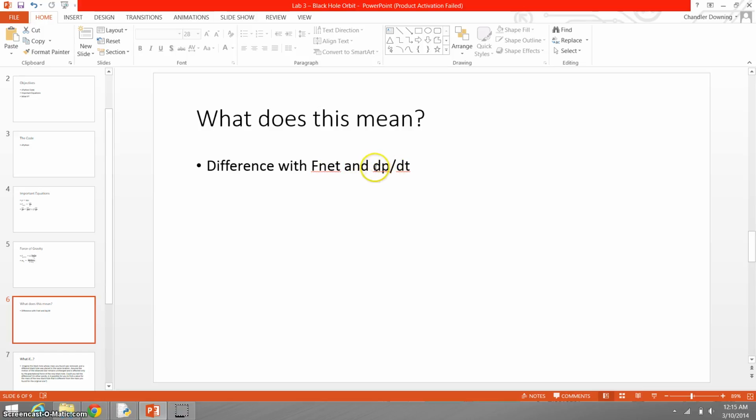So it could be heat, or it could be transferred to another form, and pieces could fall off the star. It's just not perfect, so it's not going to be exactly the same. And this is going to be a little less than 100% of Fnet. That is why there's a difference between these. dp/dt will always be a little less than Fnet. If anything, it really can't be greater unless there's some error involved or something's wrong with the equation.